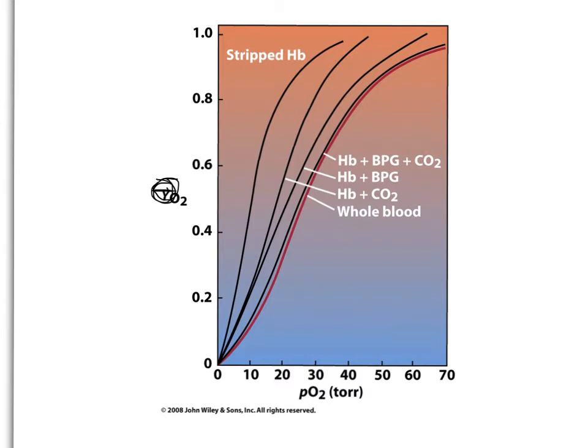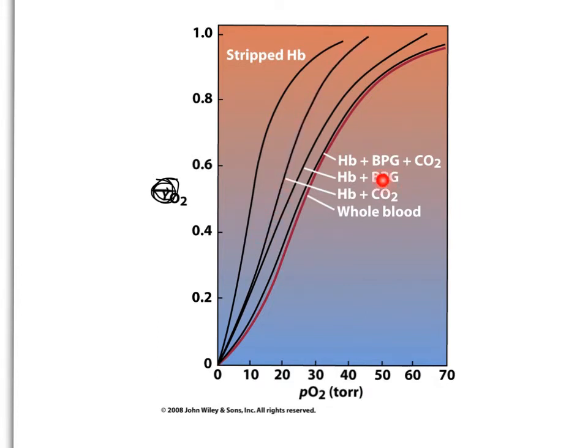I want you to look at each of these curves. We have stripped hemoglobin, so this is out of the blood, stripped of anything associated with it. Here, to the stripped hemoglobin, CO2 was added back, so CO2 had an impact on binding affinity.